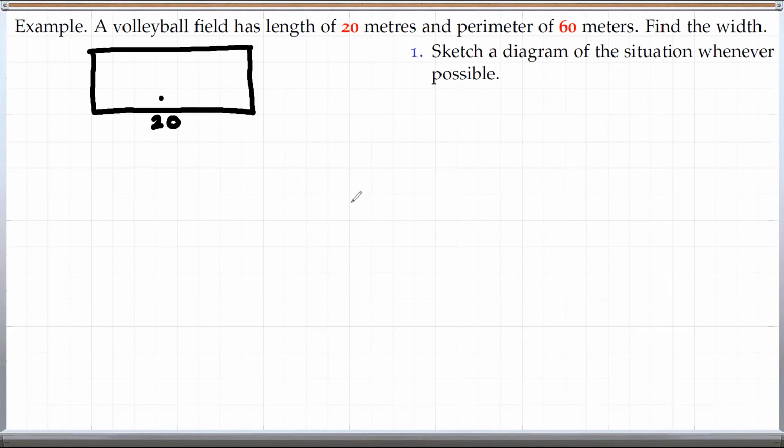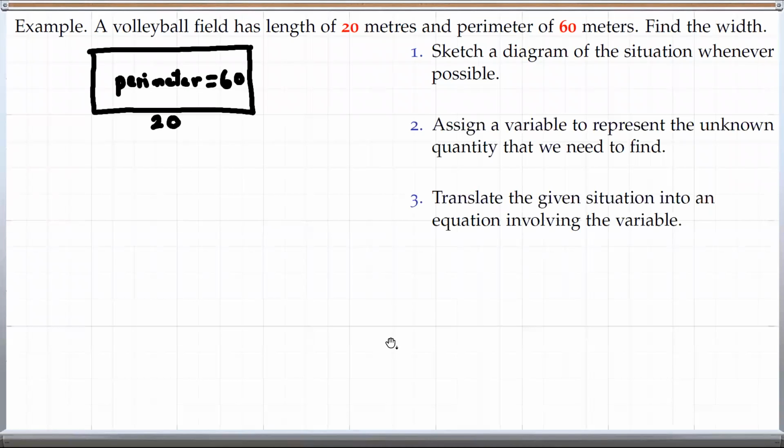I'm going to put that here, length is 20 meters. And we are also given that the perimeter is 60 meters. So these two pieces of information we are given. Now it wants us to find the width.